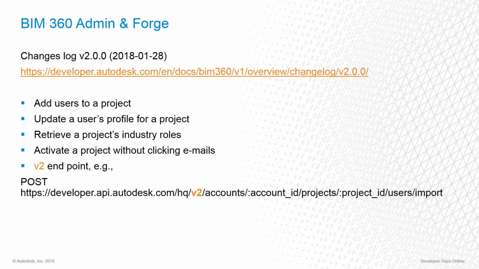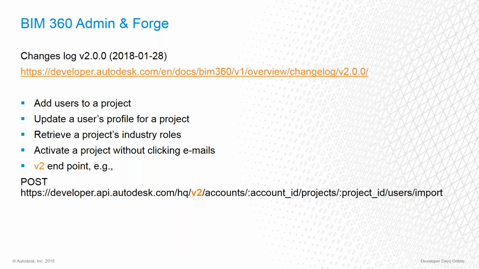This one is not an endpoint: activating a project without clicking emails. This is a highly demanded feature for people who want to automate project setup through the APIs. And then the version 2 endpoint.